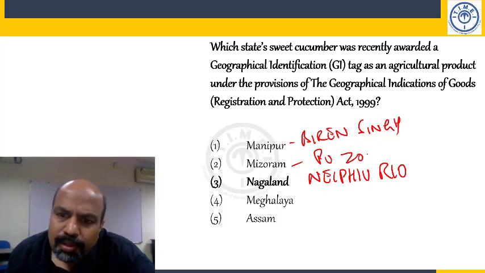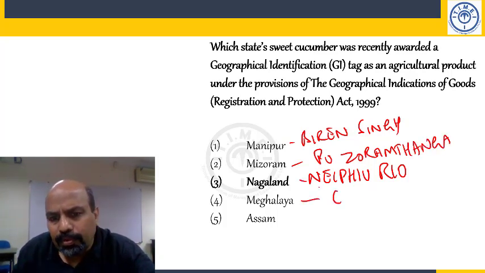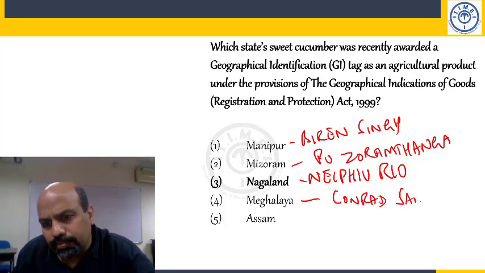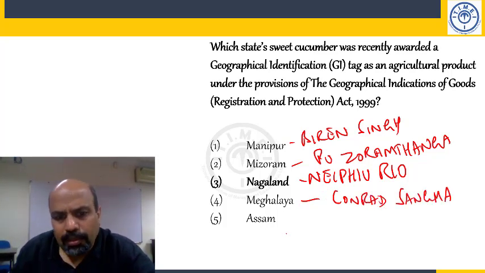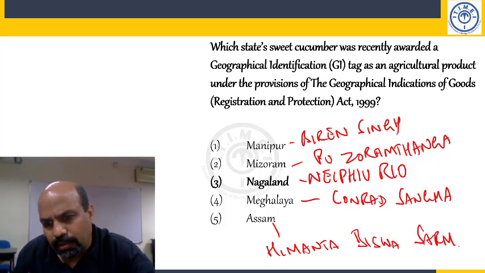Mizoram, Zoramthanga. Meghalaya, Conrad Sangma. Assam, Himanta Biswa Sarma.